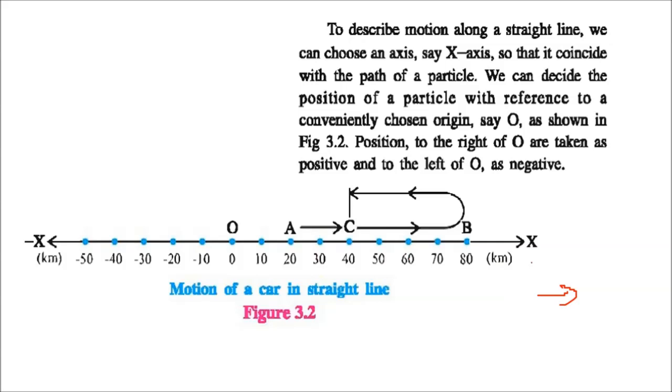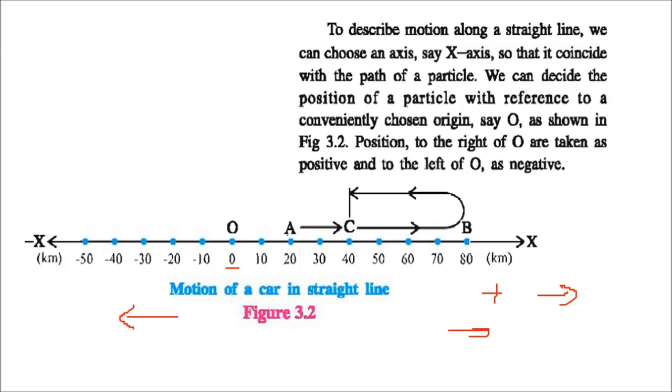Now we can decide the position of a particle with reference to some origin. This is the origin we have taken. The position to the right we will take as positive, and if the object moves this side, we will say it is on the negative side.